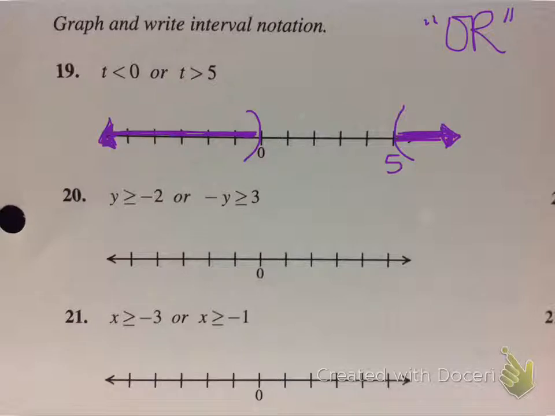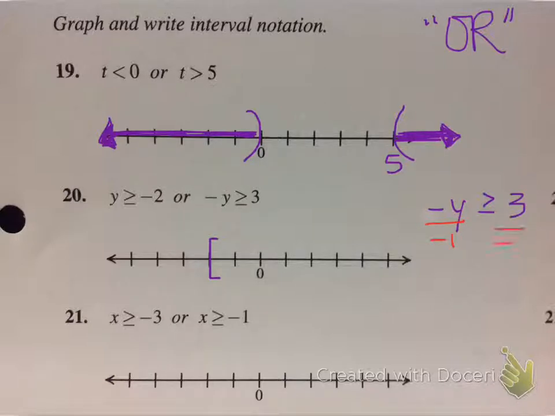Y is greater than or equal to -2. So that's going to be a bracket opening to the right. Now the next one has -y greater than or equal to 3. So we would need to, first of all, solve for that.